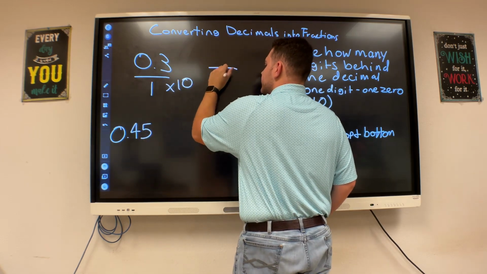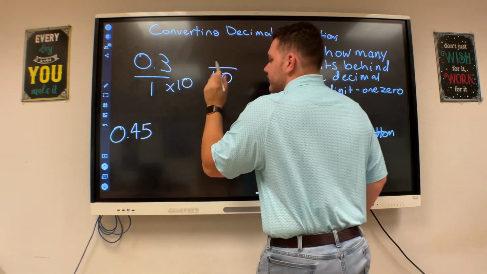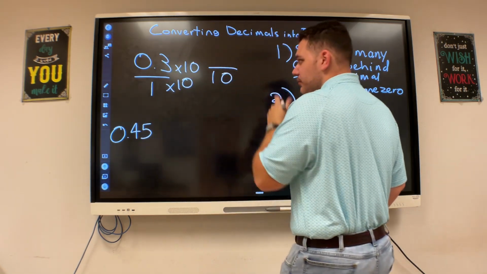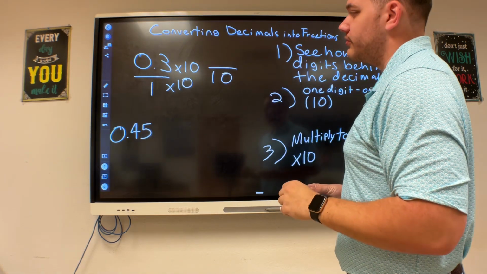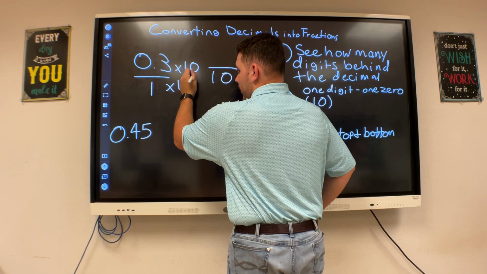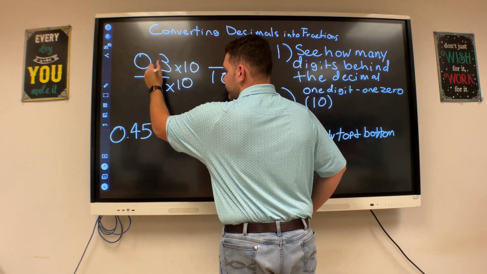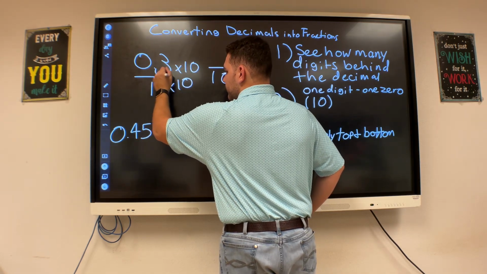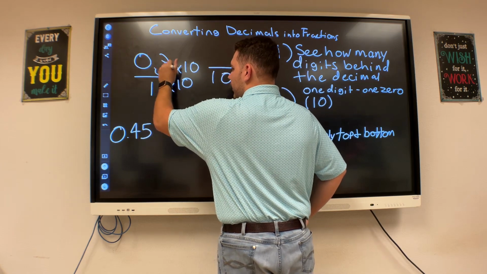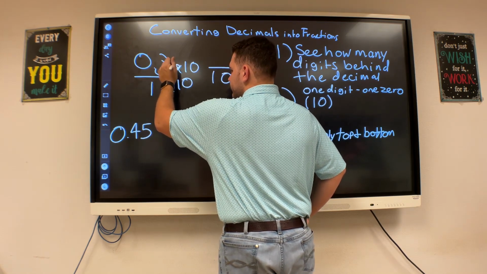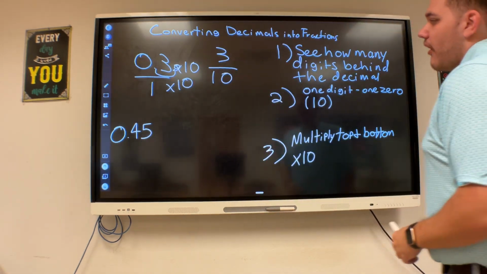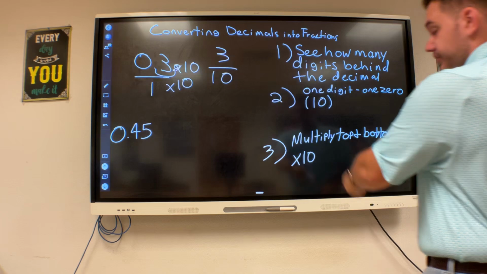And then 0.3 times 10: the trick for how to multiply a decimal by 10, or by any number of zeros, is that since there's 1 zero, we move the decimal one space to the right. So instead of 0.3, this becomes 3.0, which would just be 3.